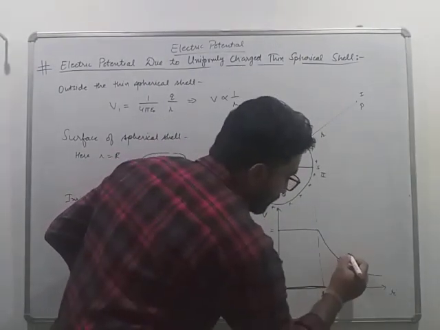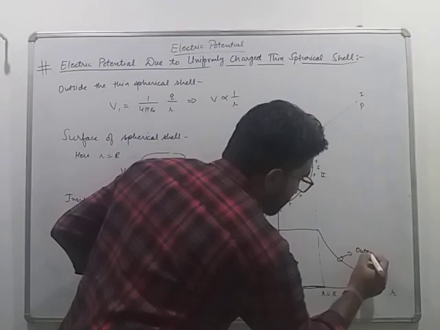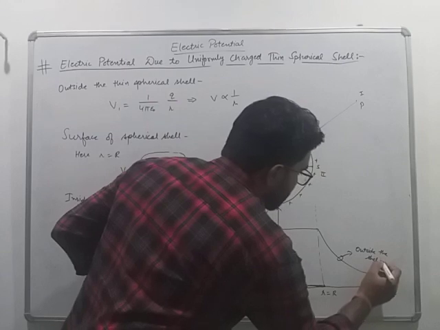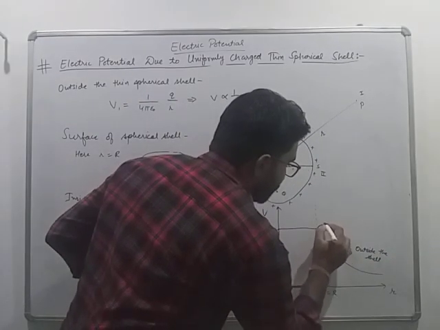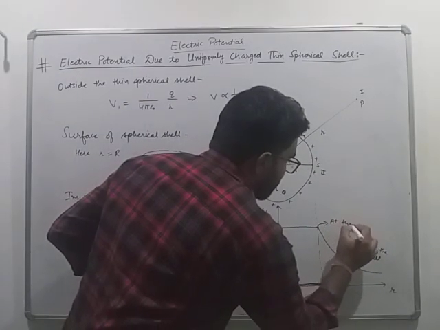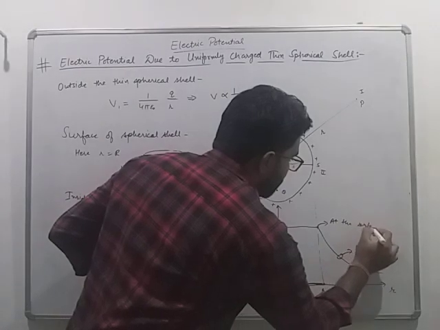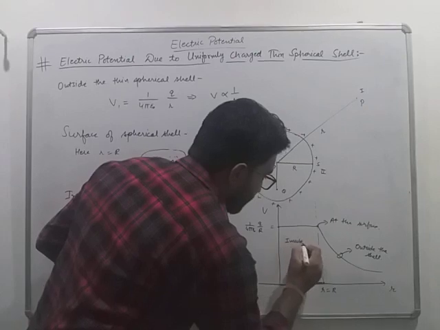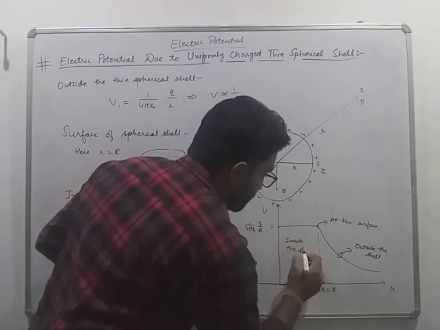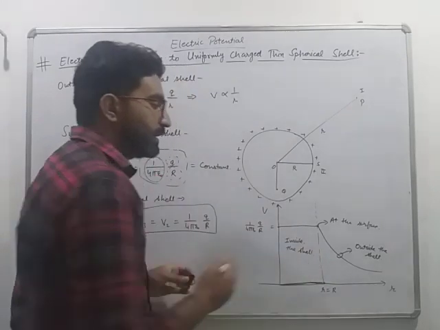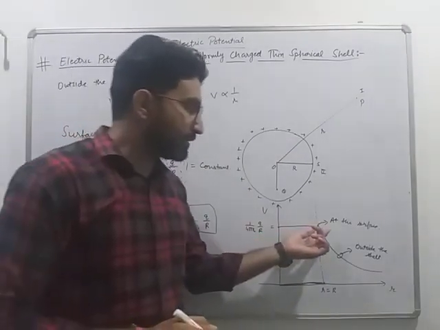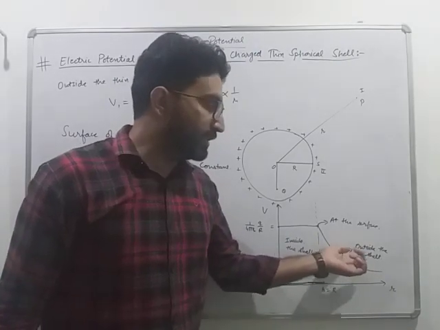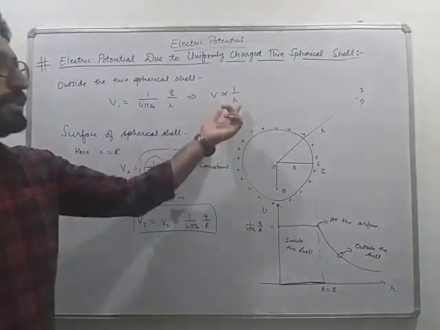It is outside the shell, and this point is at the surface of the shell, and this is inside the shell. Inside the shell, the electric potential is constant, at the surface it is also constant, and outside the thin spherical shell, the electric potential is inversely proportional to the distance.